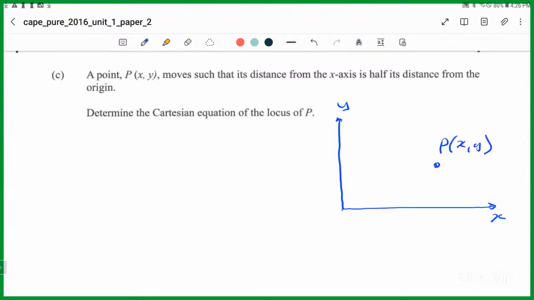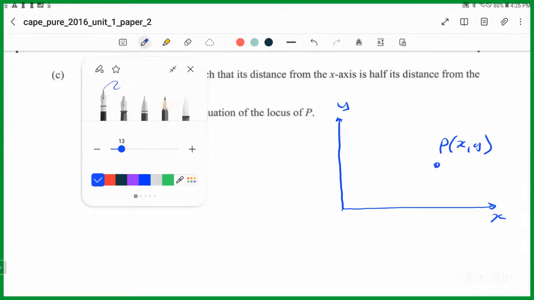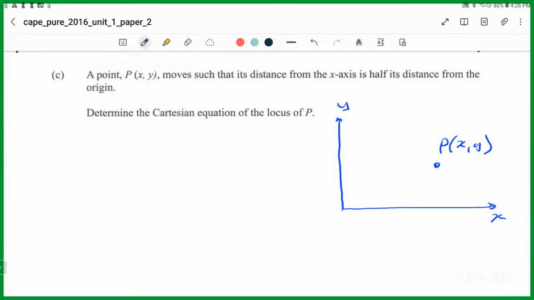The distance from the x-axis is this. The distance from the origin is this. What I'm saying is that the distance from the x-axis, which is here, is half the distance from the origin, which is here.